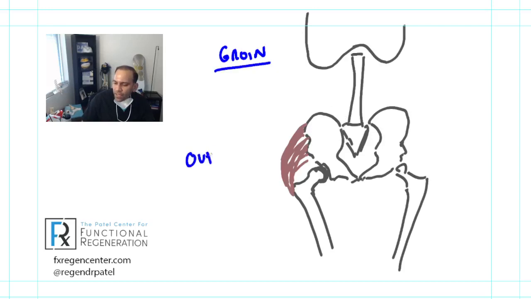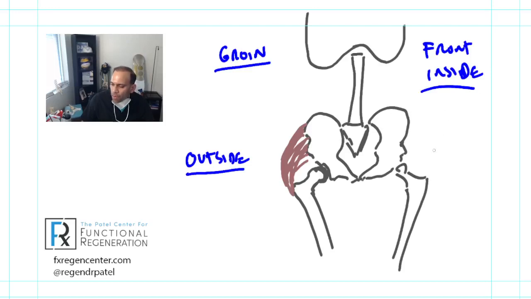There's the outside of the hip, which could be the greater trochanter, bursitis, tendinopathy, etc. There's the front of the hip region into the thigh and on the inside of the thigh, so I'm going to call that the front and inside. And then we're going to talk about the butt.